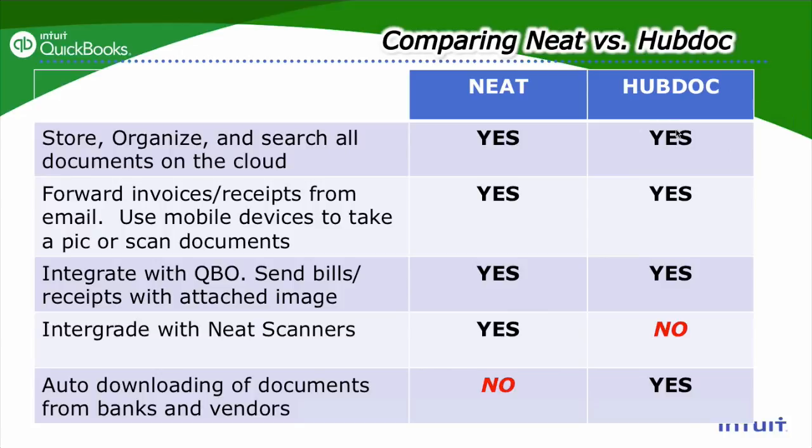So the answer that I'm gonna give, because I haven't tried it, is no. If the Hubdoc rep that's in the webinar tells me otherwise, I will retract it. But the answer is no. The client has their own Hubdoc account, and then they share the entire contents of that Hubdoc account with you. But you don't specifically have your own folder that you share to them.